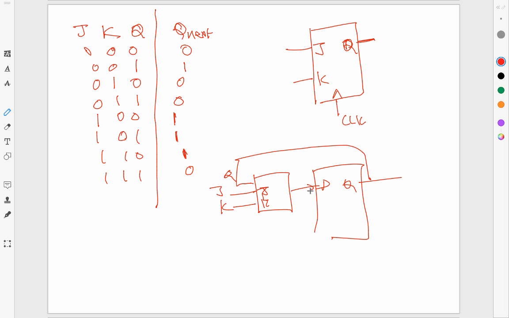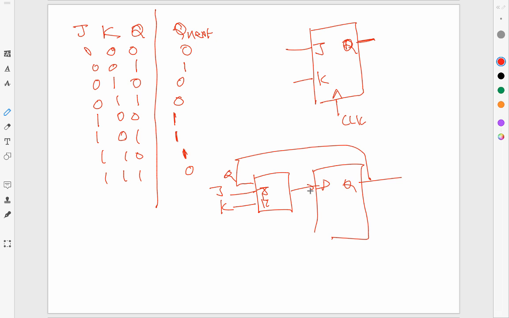Yeah. If you fed D into J and not D into K? Yeah. So if you feed D into J and not D into K, then if D is high, I'll be feeding the pattern 1, 0. If D is low, I'll be feeding the pattern 0, 1, and then I will get the requisite behavior. So you can go either way.